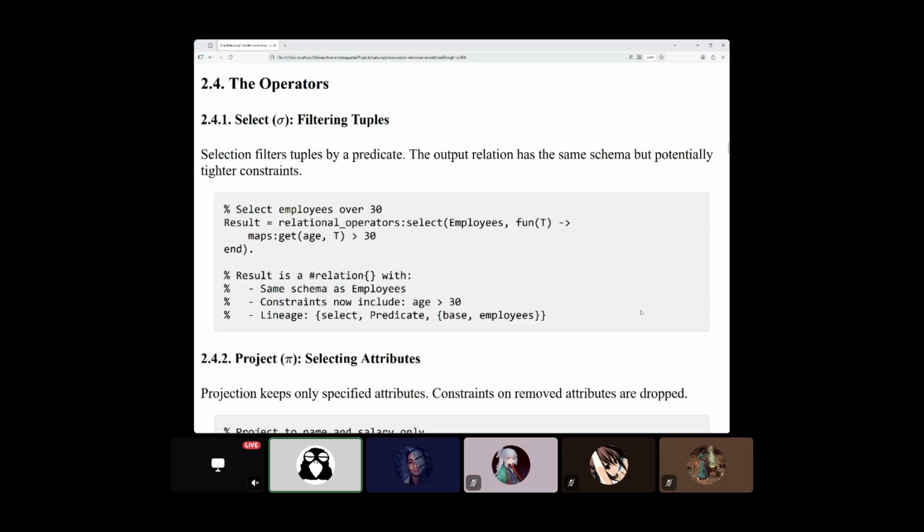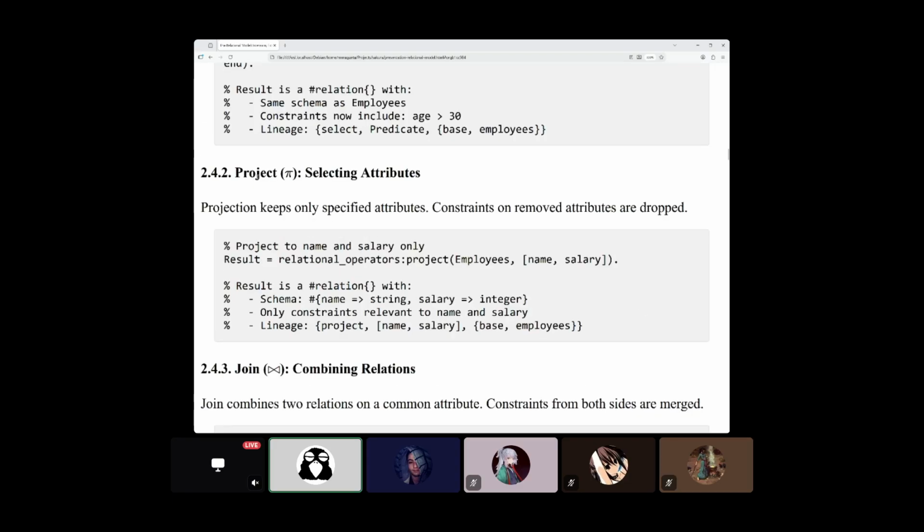All right. So pi. That is basically about projecting certain elements out of a relation. That is the selecting in SQL, right? We're trying to project only a specific subset of the header of a relation. Think about employees.